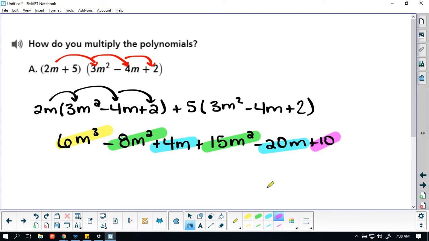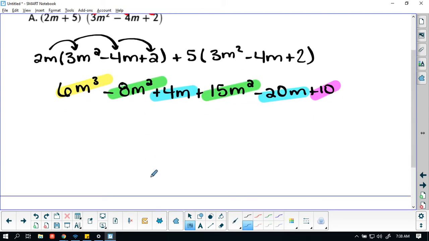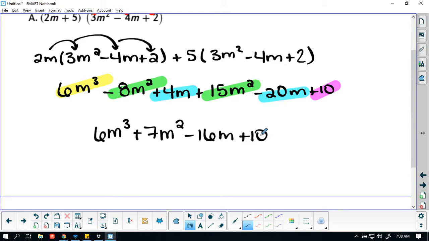Then I have my constant here. Okay, so now we're looking at 6m cubed minus 7m squared minus 16m plus 10.